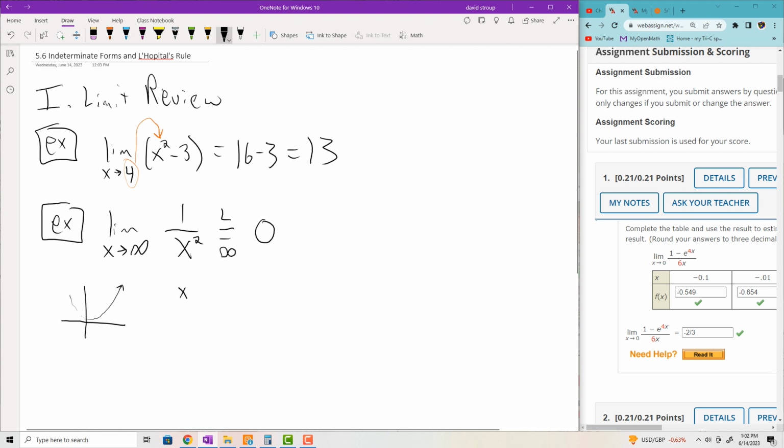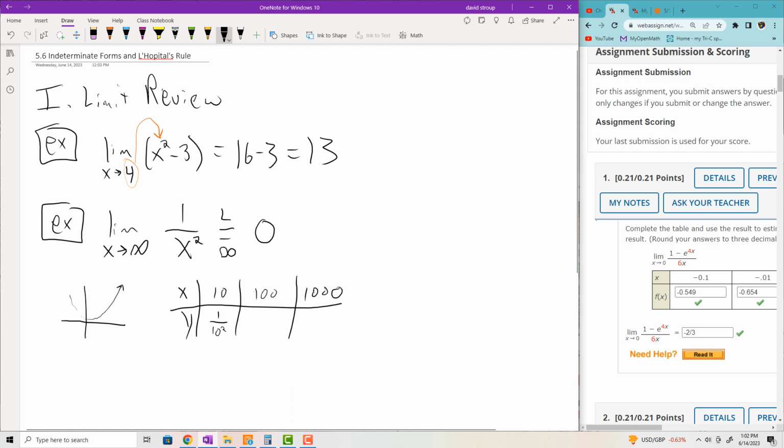You can also look at it in terms of a table if you don't like the graph, but you should be able to do these without having to do a table or a graph, just based off of the form. Anyways, you're taking values of x going to infinity, like 10, 100, 1,000, and putting them into 1 over x squared.